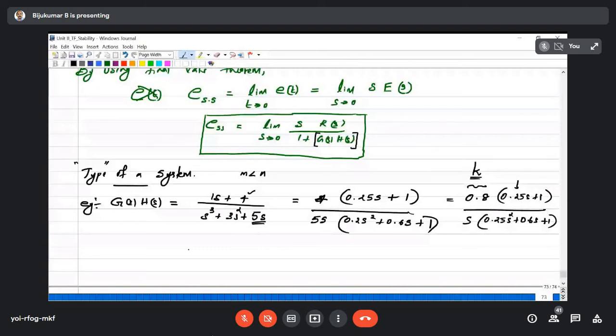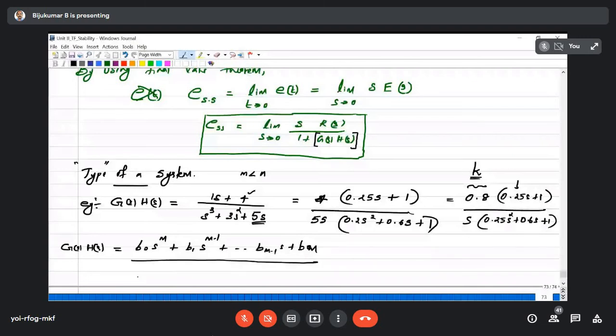Okay. So I am writing the general form of this transfer function. In general form, how can we write G of S into H of S is equal to b naught S raised to m plus b1 S raised to m minus 1 plus etc. to b m minus 1 S plus b m, divided by the denominator polynomial, which can be written as a naught S raised to n plus a1 S raised to n minus 1 plus etc. to a n minus 1 S plus a n.